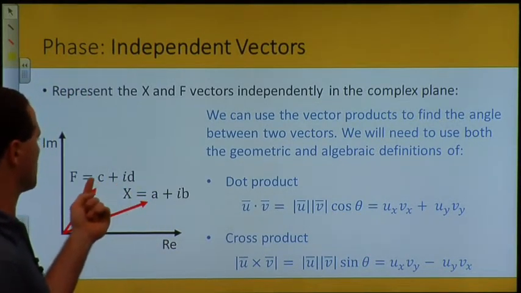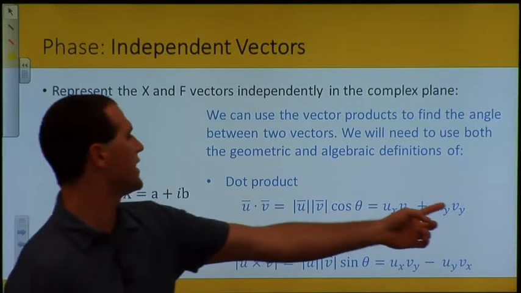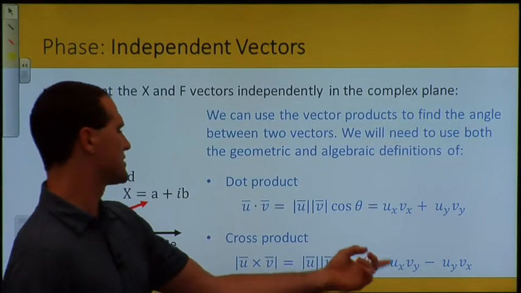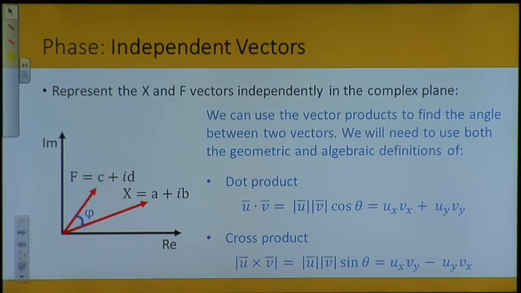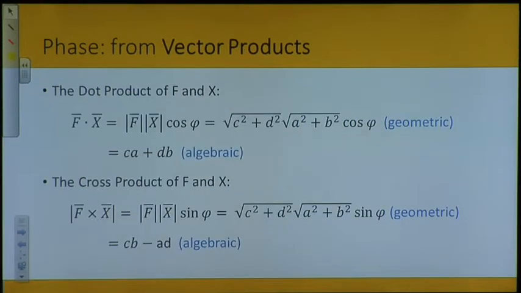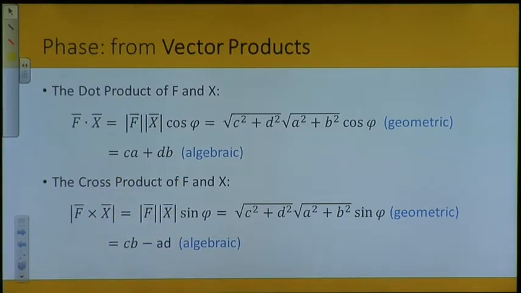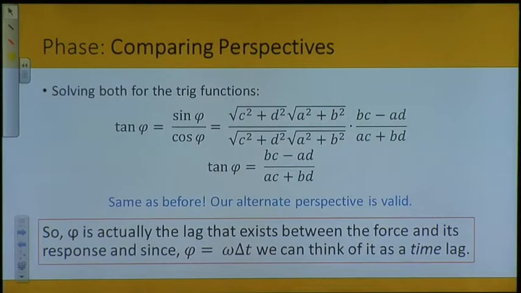So ux and vx will be c and a, and then uy and vy will be d and b. And then for the cross product, similarly, we can substitute those in for our system. And that's what I've done here. Okay, so now I have two equalities, using the geometric and algebraic definitions of the dot product and cross product.